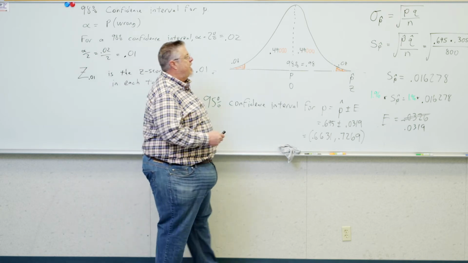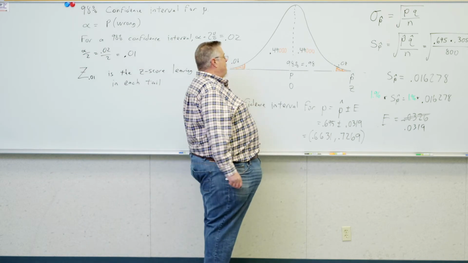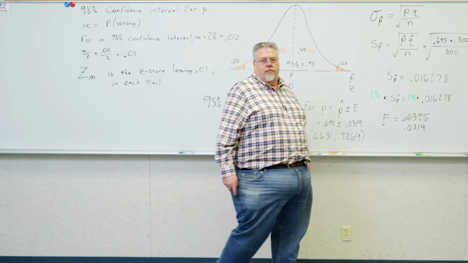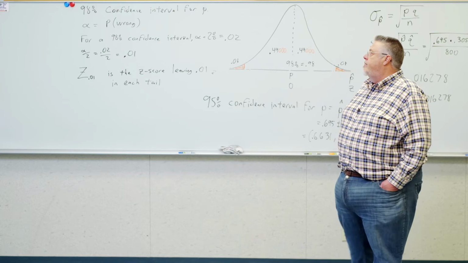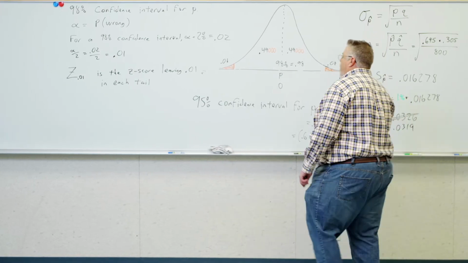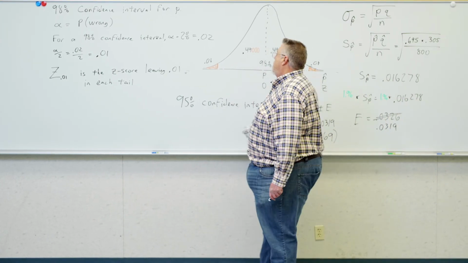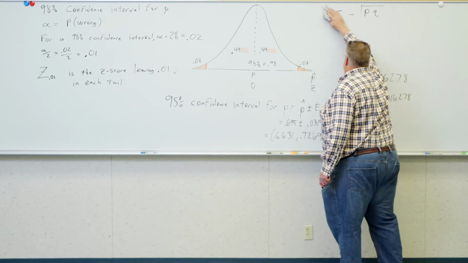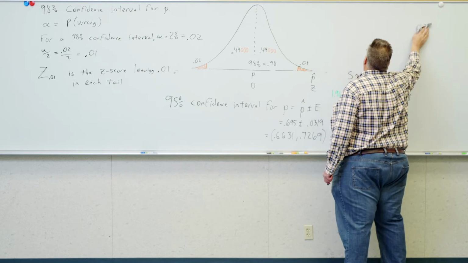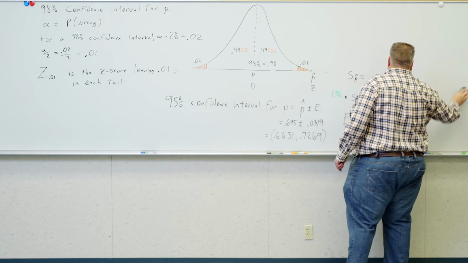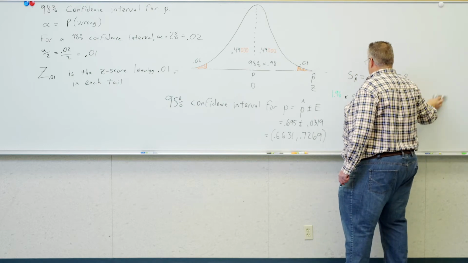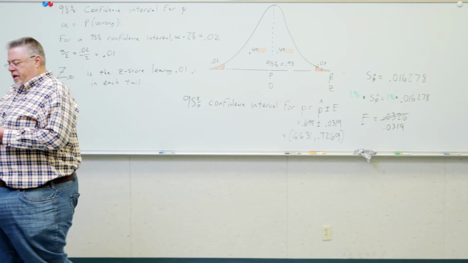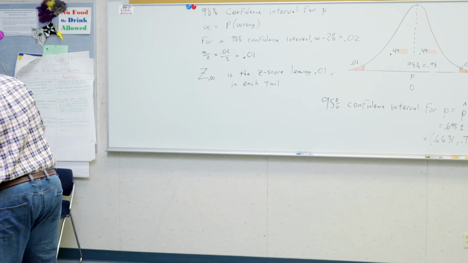So scan your Z table backwards and you're looking for 0.49000. So scan the body of your Z table again, looking for 0.49000. I'll give you a moment to do that while I'm erasing the board. And to your frustration, you are not going to find in your table 0.49000. You can figure out about where it would be, but you're not going to find it exactly.